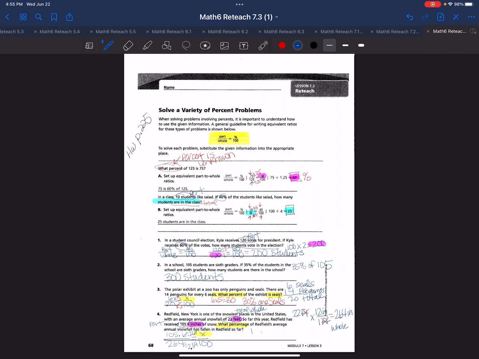So I have to take 105 and 6/10 divided by 2.64, which gives me 40. So therefore, I know that 40% of the snow has fallen so far. So that is our lesson for Module 7, Lesson 3, Grade 6.